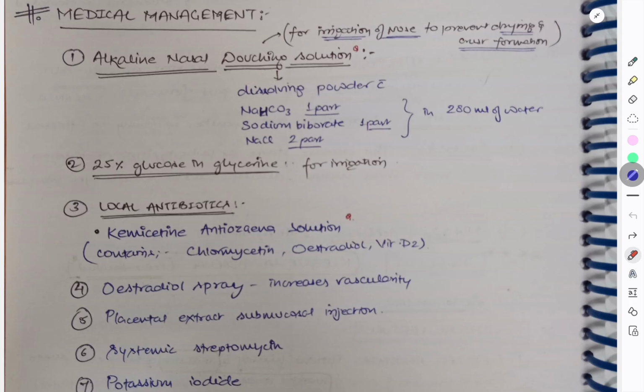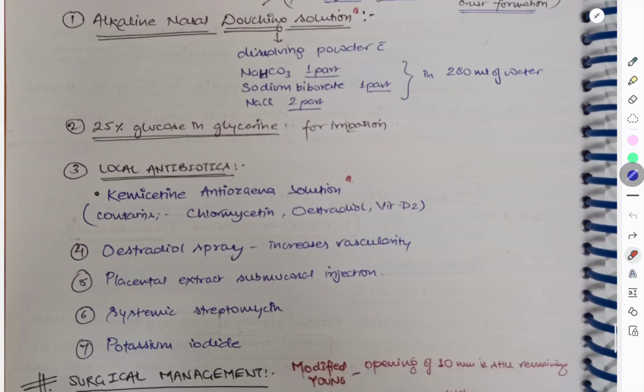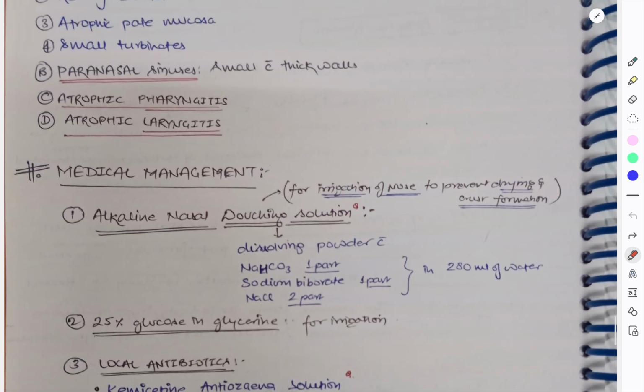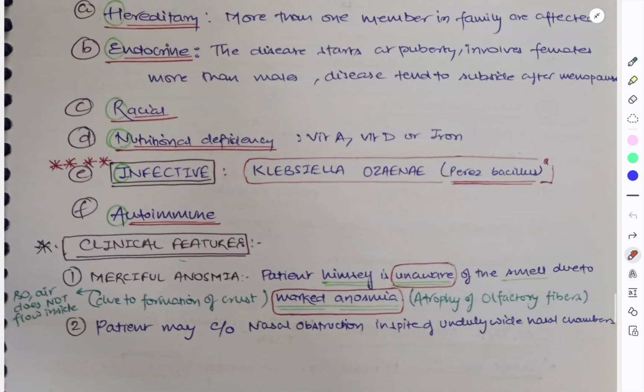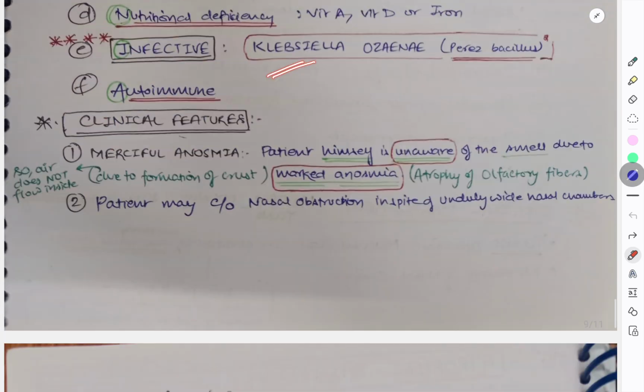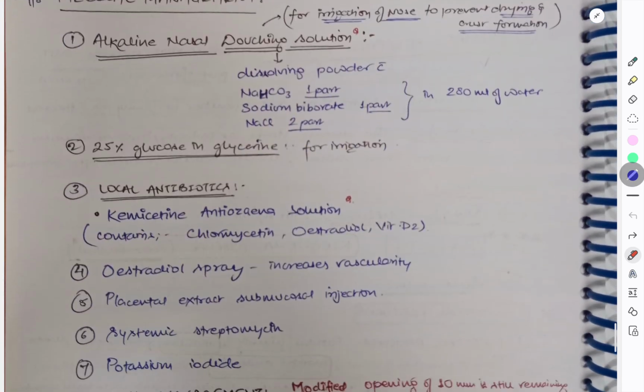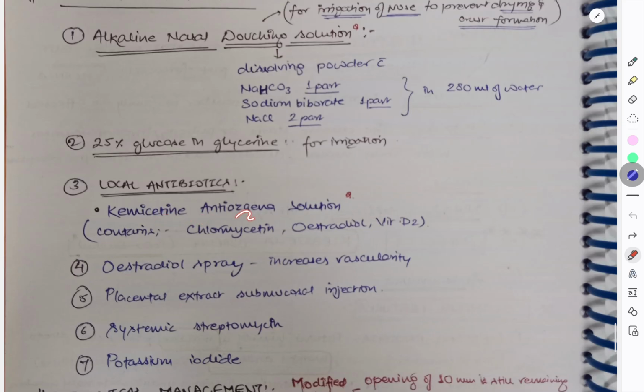Then we can use 25% glucose in glycerine for irrigation. Then we can use local antibiotics. You know that the infection was mainly Klebsiella ozaenae, so in treatment we give chloromycetin anti-ozaena solution, which contains chloramphenicol, estradiol, and vitamin D2.